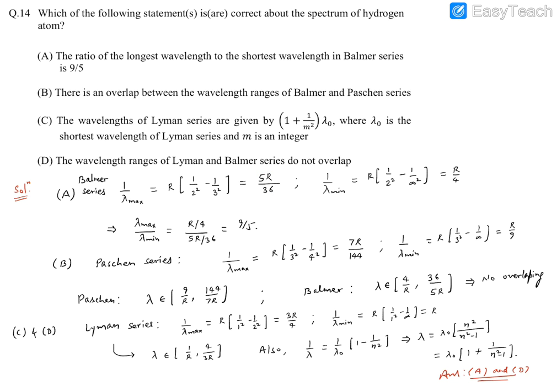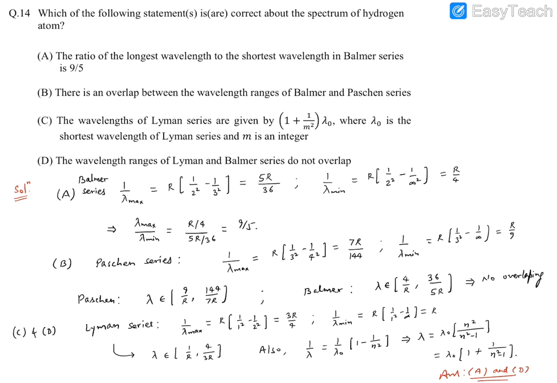Similarly, we can find the shortest wavelength, that means lambda minimum, which will come from infinity to the n equal to 2 level. So 1 upon lambda minimum will be R by 4. From here we can find the ratio of max by min. Lambda max upon lambda min will be R by 4 divided by 5R by 36.